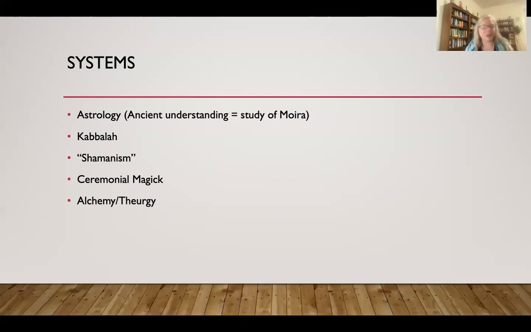It's particular modes. There's a whole bunch of traditions in ceremonial magic, and there's also alchemy or theurgy. Theurgy is the aspect of alchemy that really has to do with becoming a rarefied spirit. Instead of going from the dross to gold, what you're really doing is doing that within yourself.